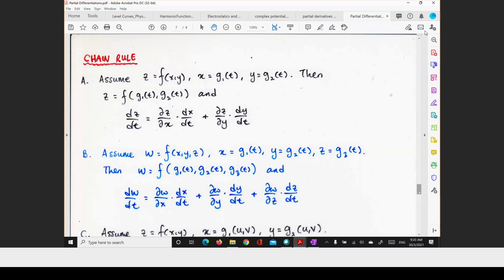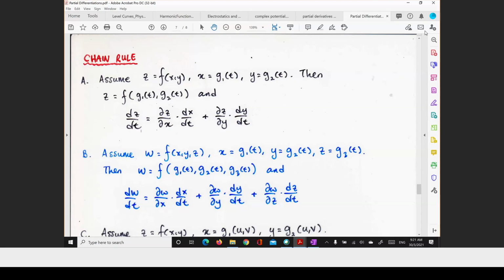Then z as a whole is a function of t, isn't it? z is a function of x and y, and x and y are both functions of t. So that means z as a whole is a function of t. So we can calculate dz/dt. Look at the dz/dt on the left. It is not written in terms of partial, it is written with a straight d, not curly d, because z as a whole is a function of t.